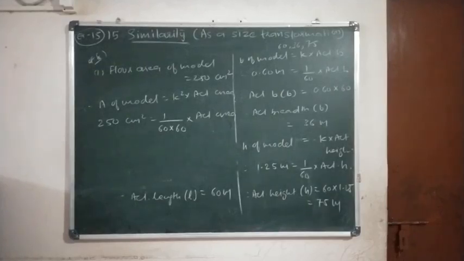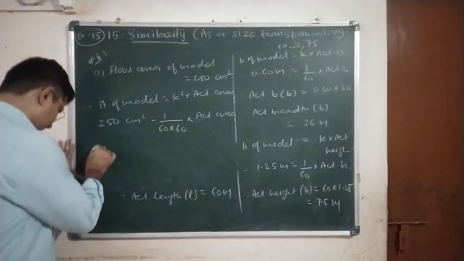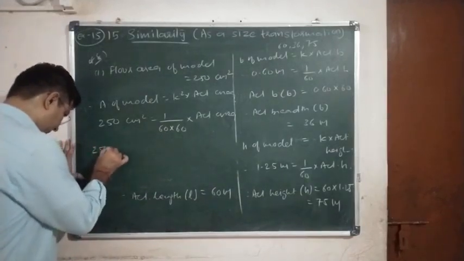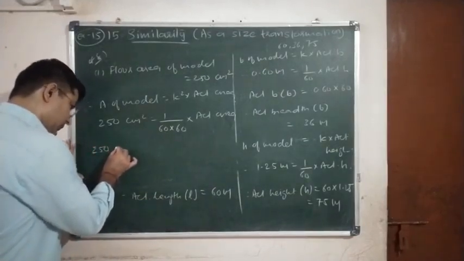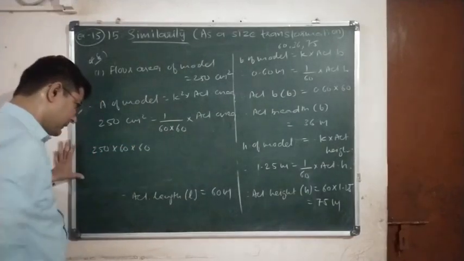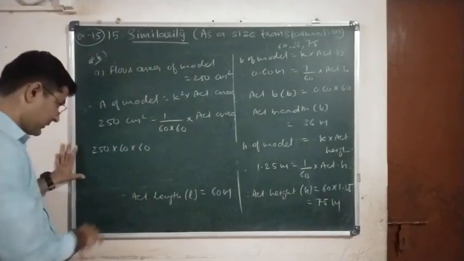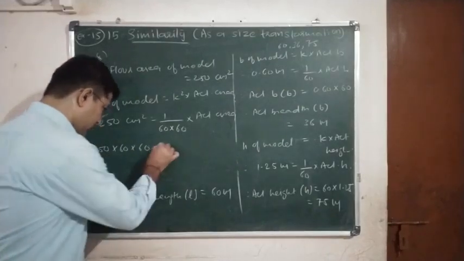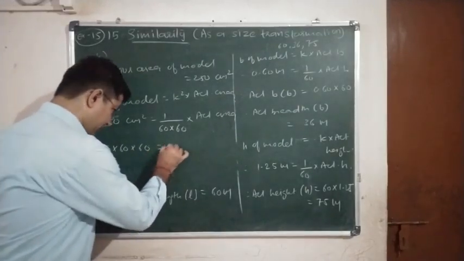Okay, let us find out the actual area. So 250 square centimeters into 60 into 60. Now square centimeters, if you want to convert into meters, then we will divide.